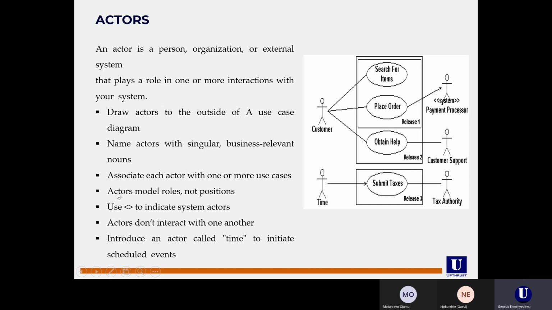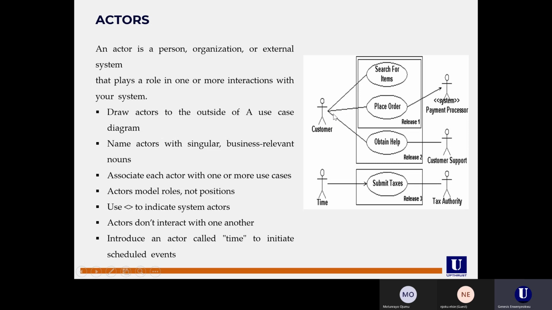That is very important. And then another basic rule or standard you need to observe is that you need to associate your actor with one or more use cases. You can't have an actor that has no association, or should I say relationship, at any point. You need to ensure your actors have a relationship, and that relationship your actor has is what you call an association relationship.